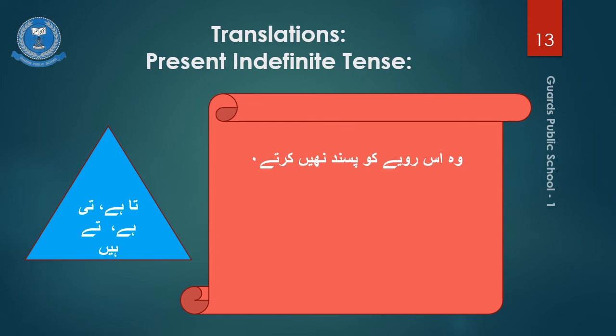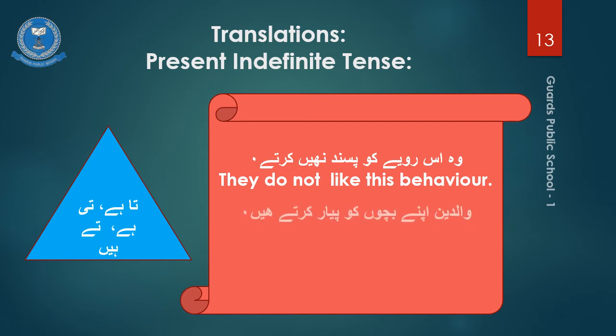Then translate the words into English. It is an example of a negative sentence. Write do not with they. Now, our English sentence is: They do not like this behavior. Next Urdu sentence is: वालदैन अपने बच्चों को प्यार करते हैं.